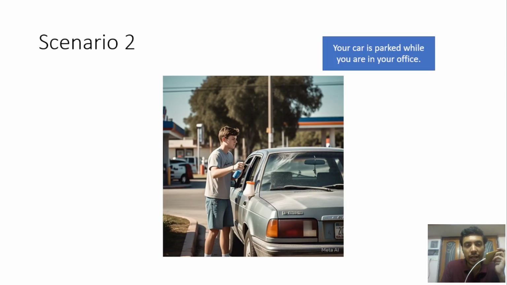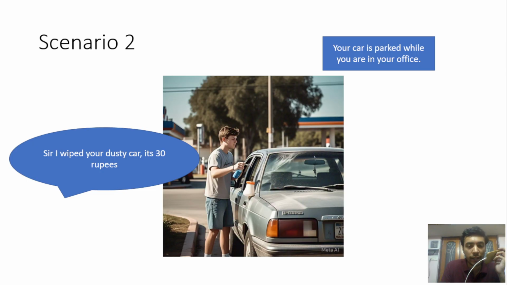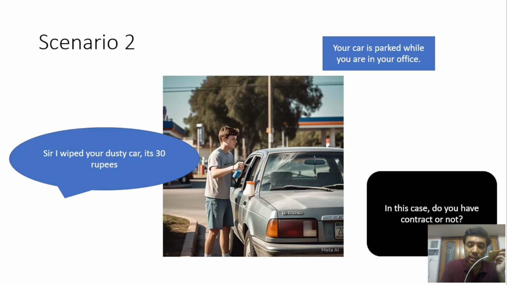But let's see the scenario change. Your car is parked while you are in the office, and one person comes and wipes your glasses without saying anything to you, without your permission, without your consent. When you come back to your car, he says, sir, I wiped your dusty car, it's 30 rupees. In this case, do you have a contract or not? Were the elements of a contract completed or not?